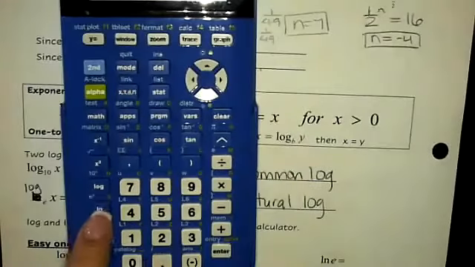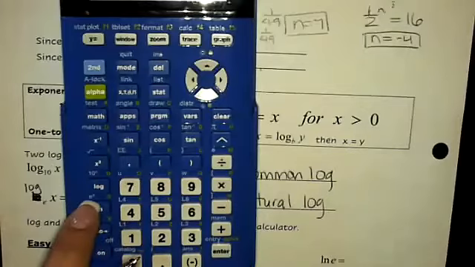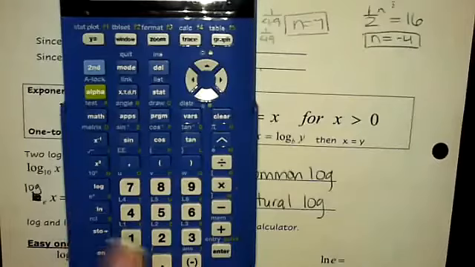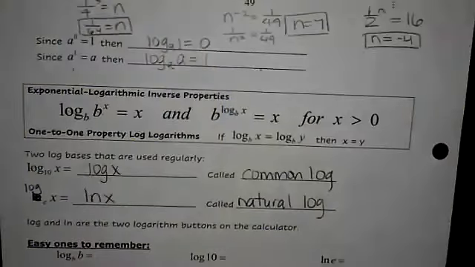That one's right below the log button in the calculator. So this ln right here, that stands for the natural log, and that's a log with a base of e. Again, if you forget that, its inverse is right on top here with e to the x. So the inverse, e to the x, and natural log are right there.